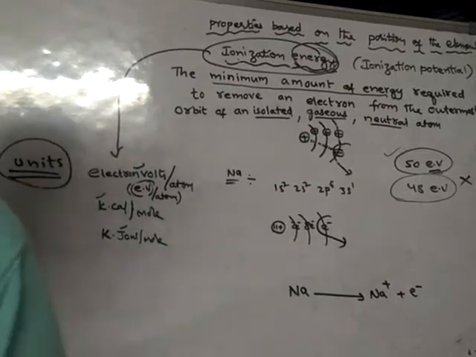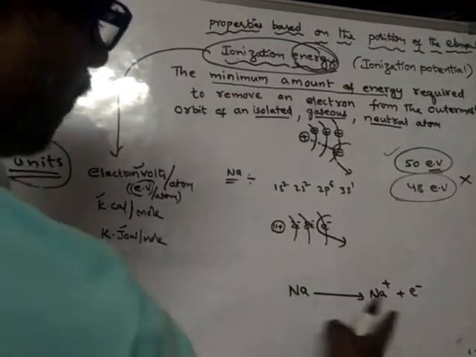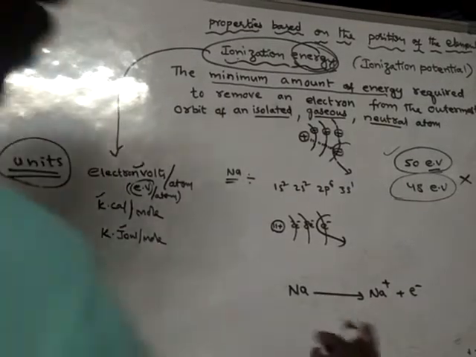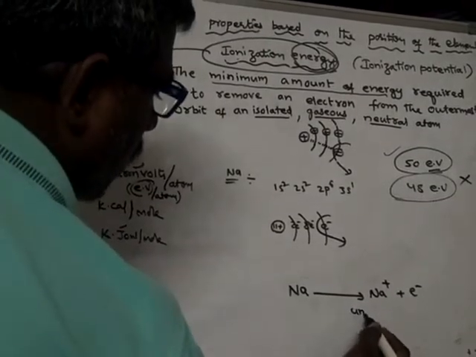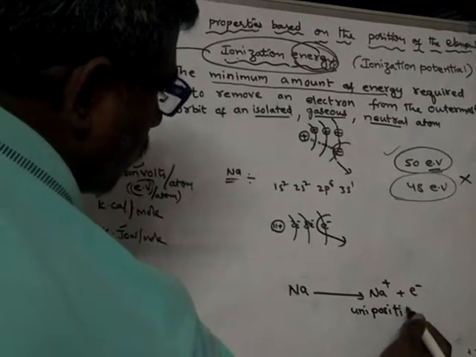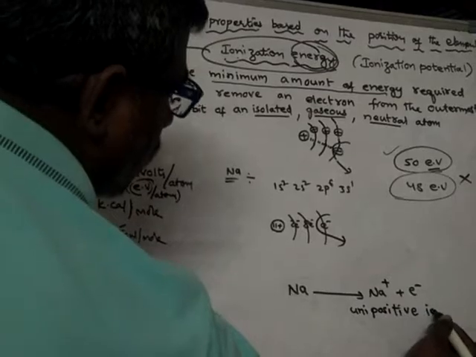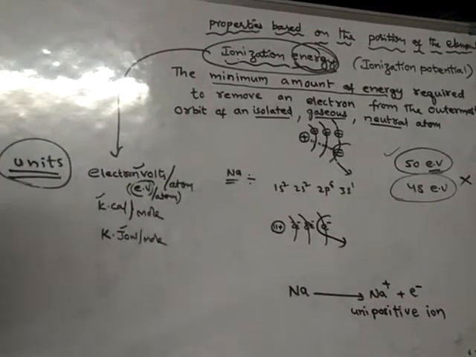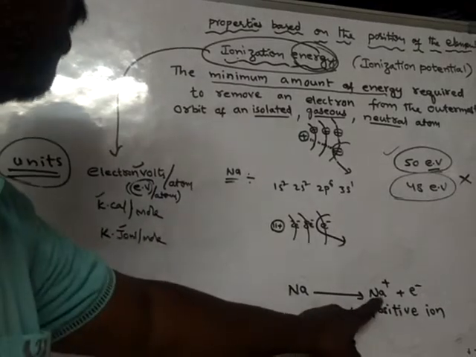So did you understand? From sodium atom, if I remove one electron, what is left over? The leftover is said to be a unipositive ion. Unipositive, that means only 1 unit of positive charge is left over on that.